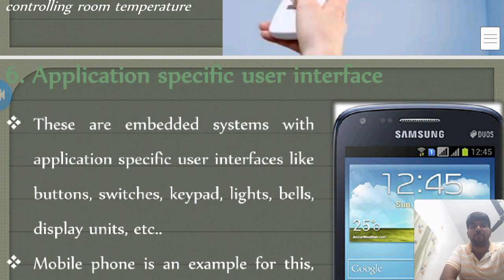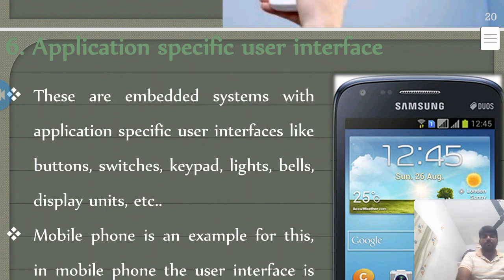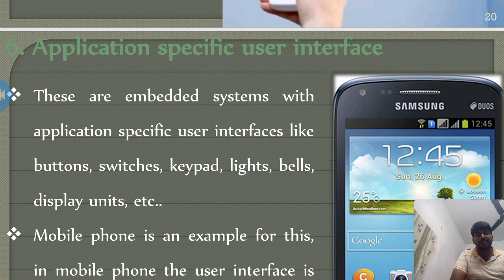Next one, application specific interface. This is a most important thing. An embedded system with an application specific interface provides the user an interface such as buttons, switches, keyboards, lights, etc. Based on the need of your application, you have to design this.